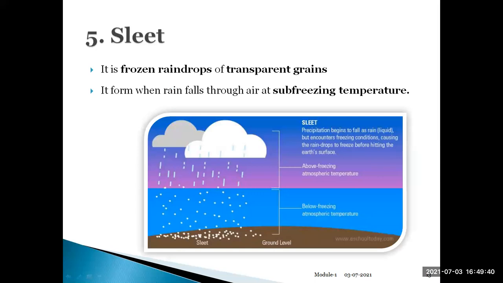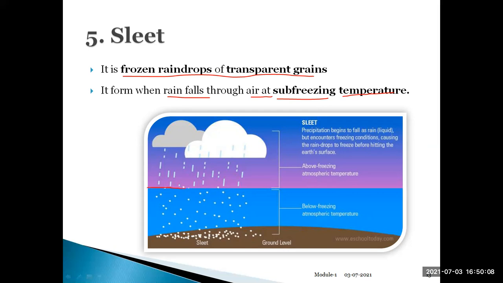The next one is sleet. Sleet is frozen raindrops of transparent grain. You can see here, you have below freezing and above freezing point. Sleet forms when rain falls through air at sub-freezing temperature, meaning below the freezing temperature.